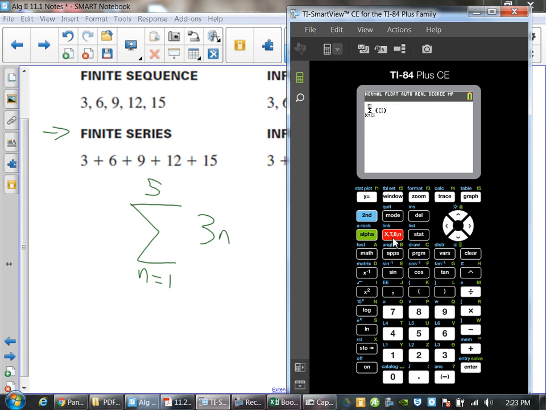Move it to the right. Where are we starting this at? Oh, I accidentally went too far. We're starting at 1, so put a 1. Go up. How many are in the series? And then we put our rule on the inside. And you hit enter.